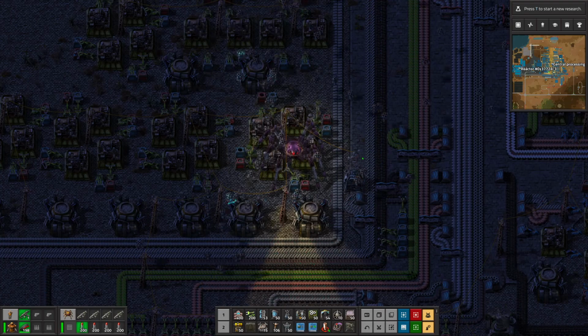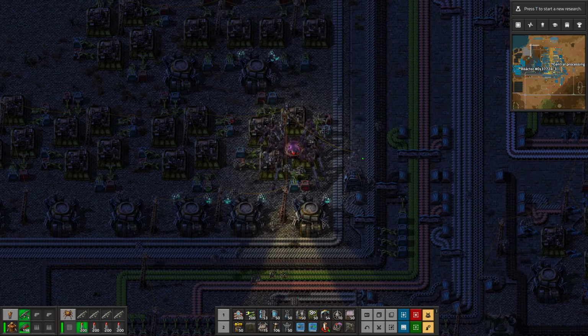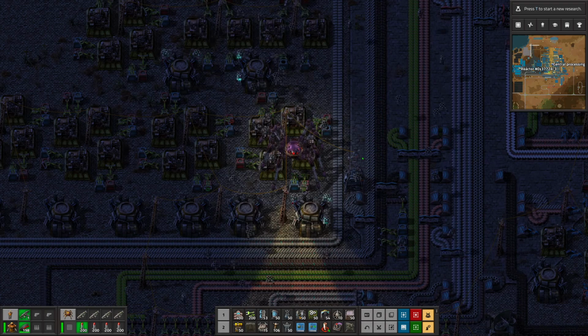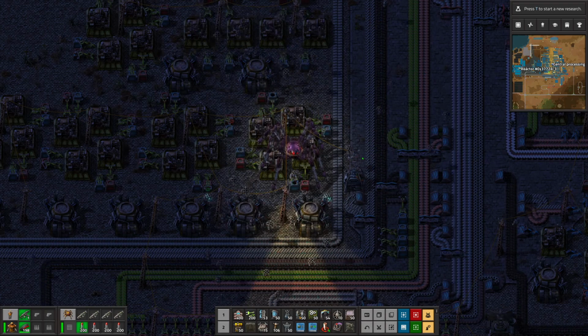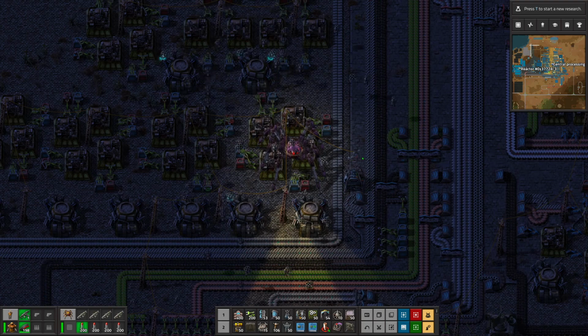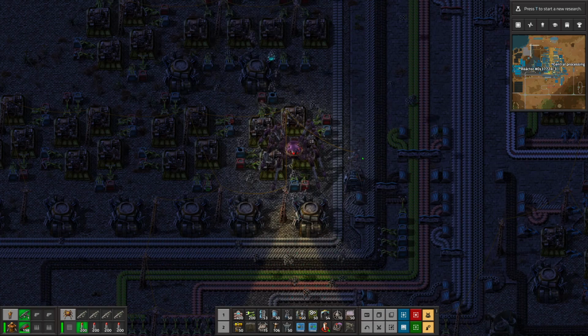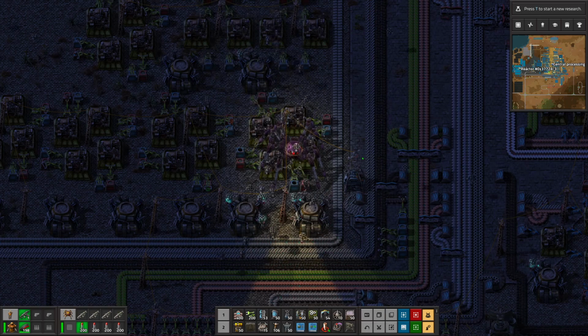I have noticed that due to the limited robot recharge rate, adding additional roboports in a cluster would increase the theoretical maximum robot recharge rate and thus allow for far greater robot travel capacity.